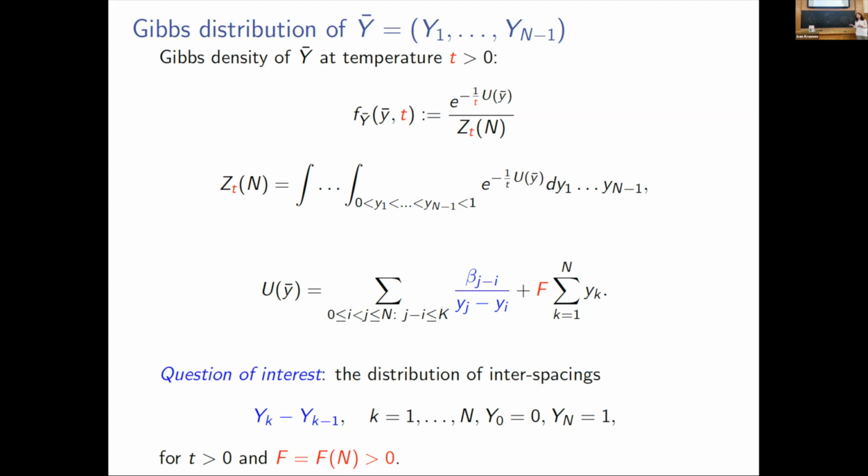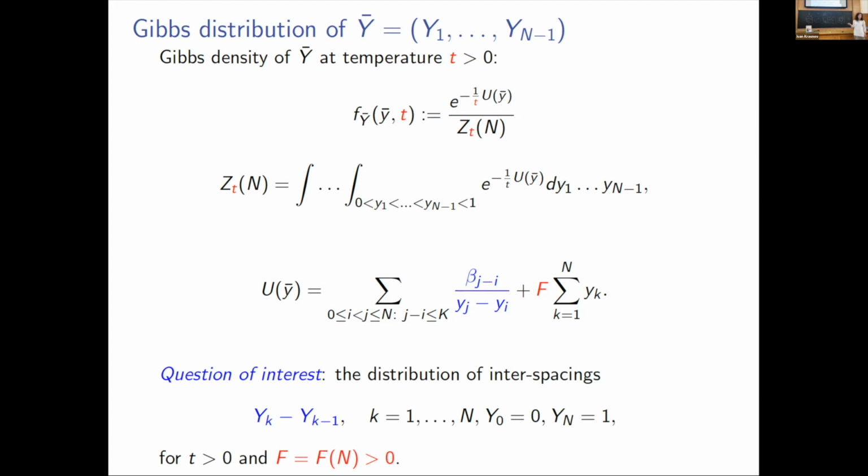The function is a Gibbsian density, but how will they be spaced? Do the particles cover the whole interval, or will they go to infinity, or will they be in some clouds or other configurations?